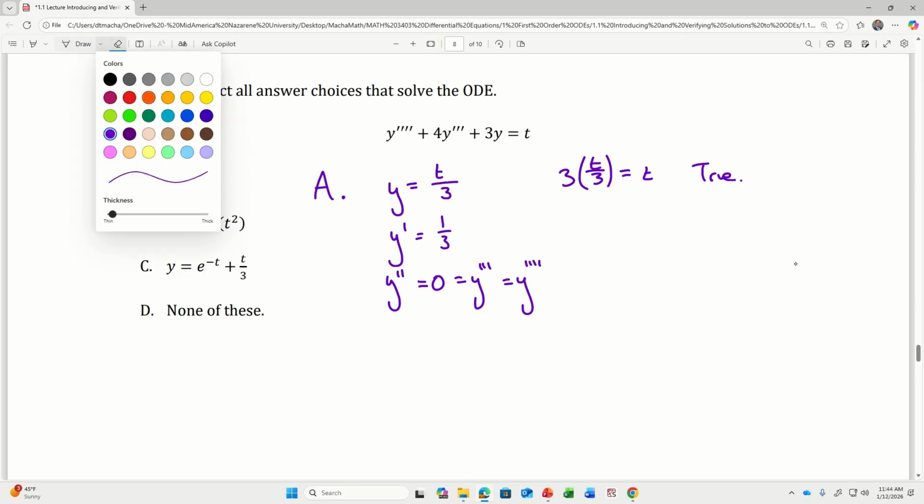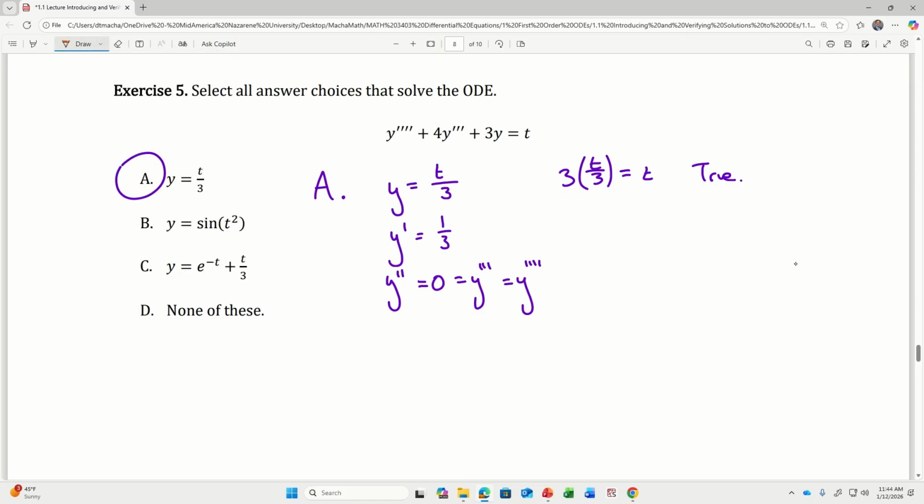B looks like it's going to be a huge pain to work out the veracity of solution B. So y is sine of t squared. y prime would then be what? Cosine of t squared times 2t. Nice.